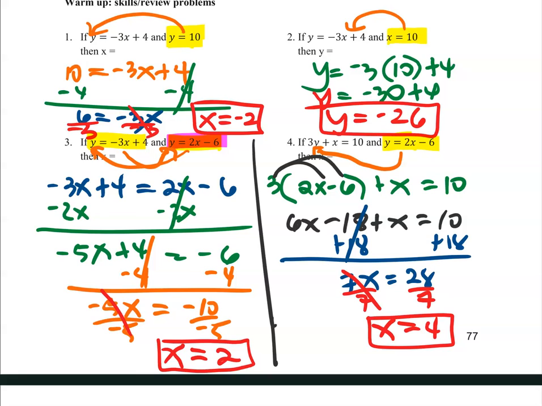Same thing here, y equals 2x minus 6. We substituted that for the value of y. Same thing here, y equals 2x minus 6. We substituted that for the y here. So that is exactly what we've been doing here. We are substituting those values.